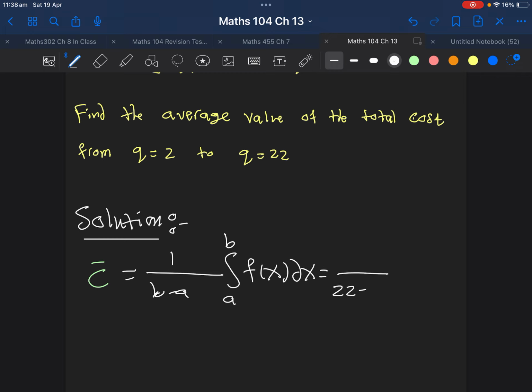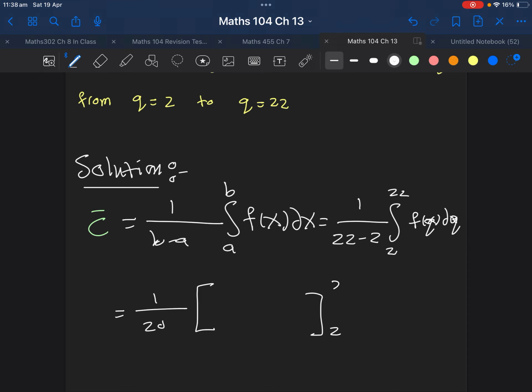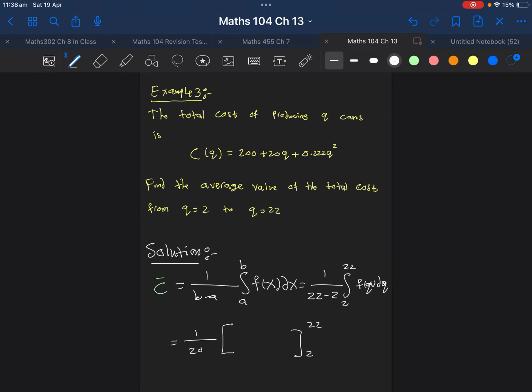Now, B is 22, A is 2, and we just need to find the integral from 2 to 22 of f of Q dQ. So it would be 1 over 20 here. And now we just need to find the integral for this function.